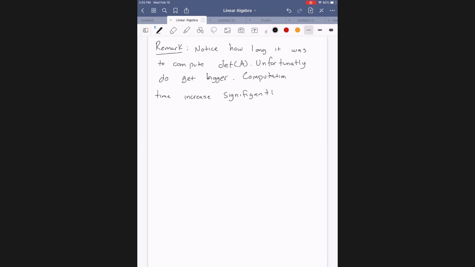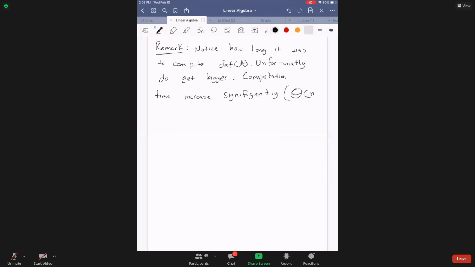And by how much? Well, you don't have to know this, but it's big O n factorial. So basically, if it was a 5 by 5, factorial, I mean it's already huge at that point.